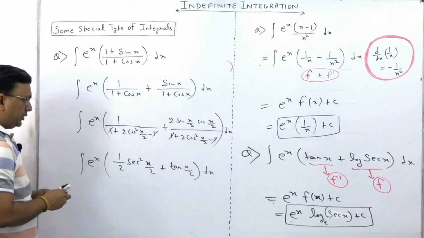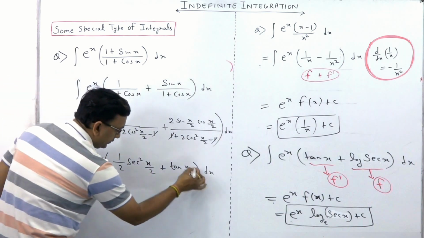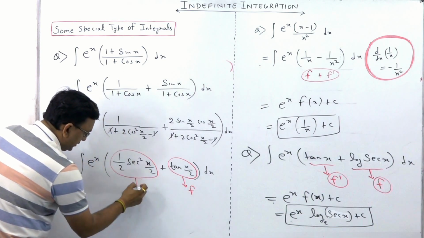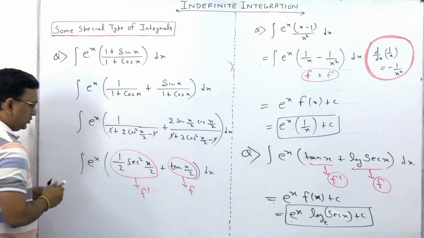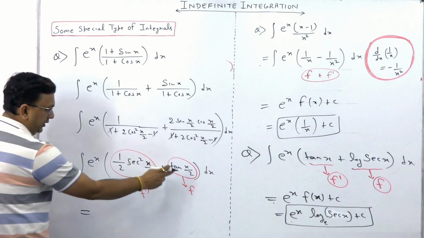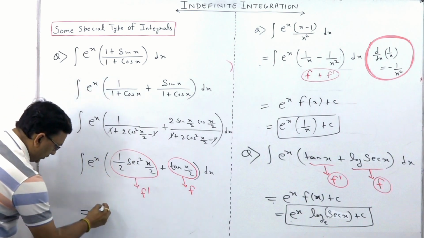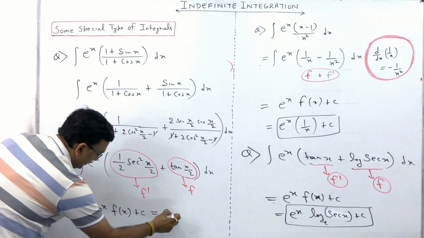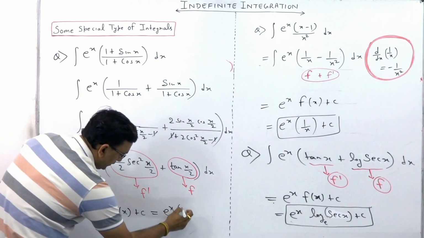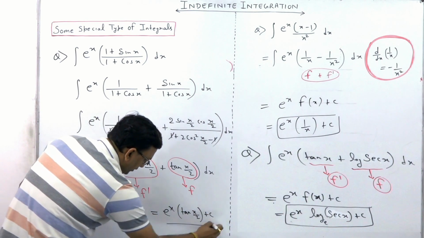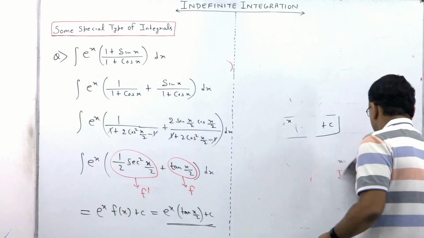Now my dear, you can check function and derivative. If I call it f, then it is f dash. So once again I have integration of e to the power x times function plus derivative. My answer is e to the power x f of x plus c, and here f of x is tan of x by 2. So that's my answer.